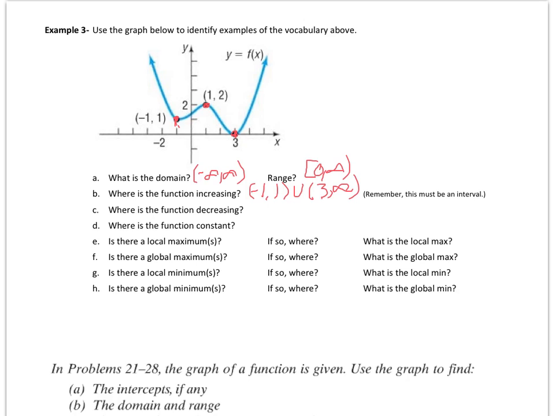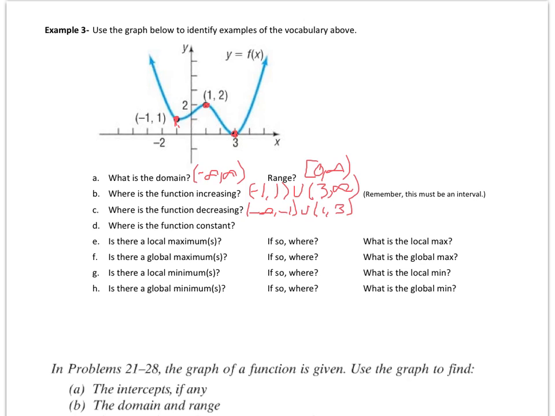All right, so on what intervals is it decreasing? From -infinity to -1, and from 1 to 3. Good. Where is it constant? It's not, right?